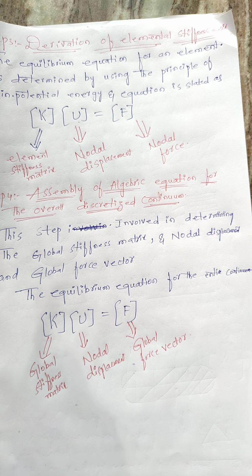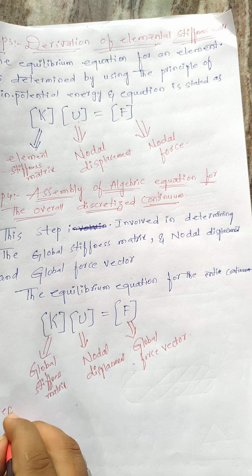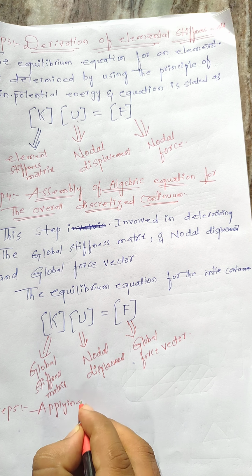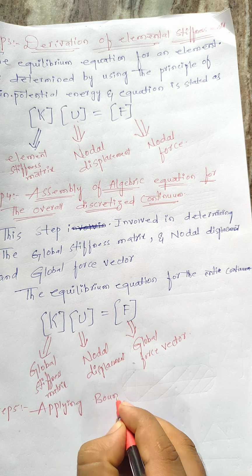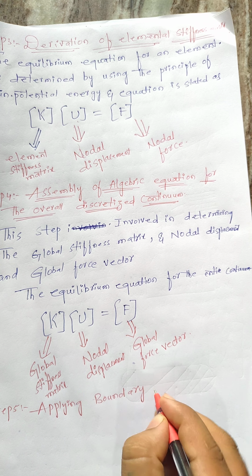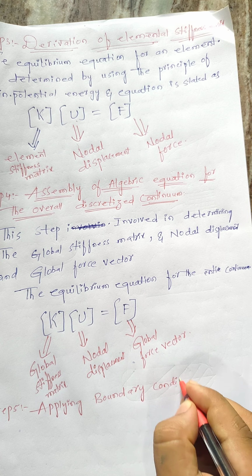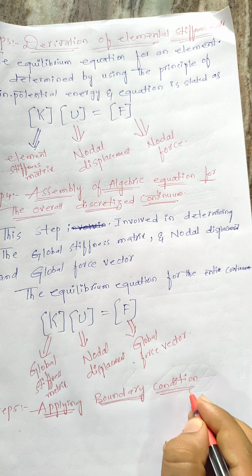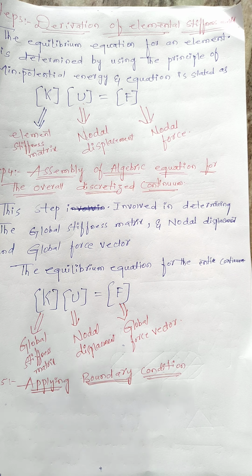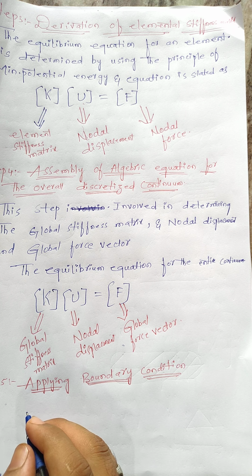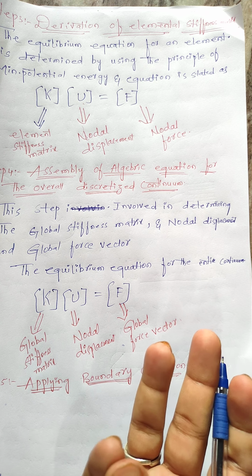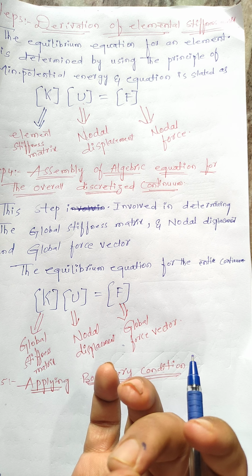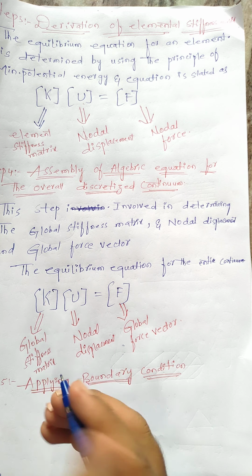Step number 5: applying boundary condition. There are three methods of applying the boundary condition in the finite element method. The first one is the elimination method, the second one is the penalty method, the third one is the multi constraint method.